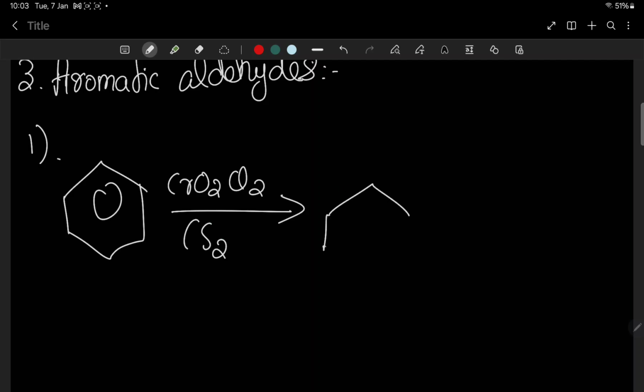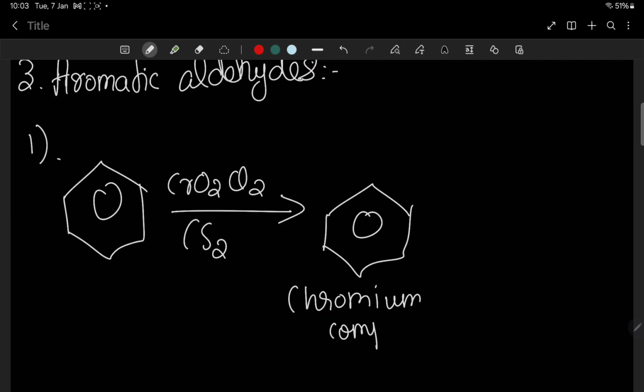What happens is that we get a chromium complex as an intermediate. What this complex is, is very important. Sorry, I said benzene, we can't take benzene. We should take toluene, and we are adding chromyl chloride in CS2 medium.